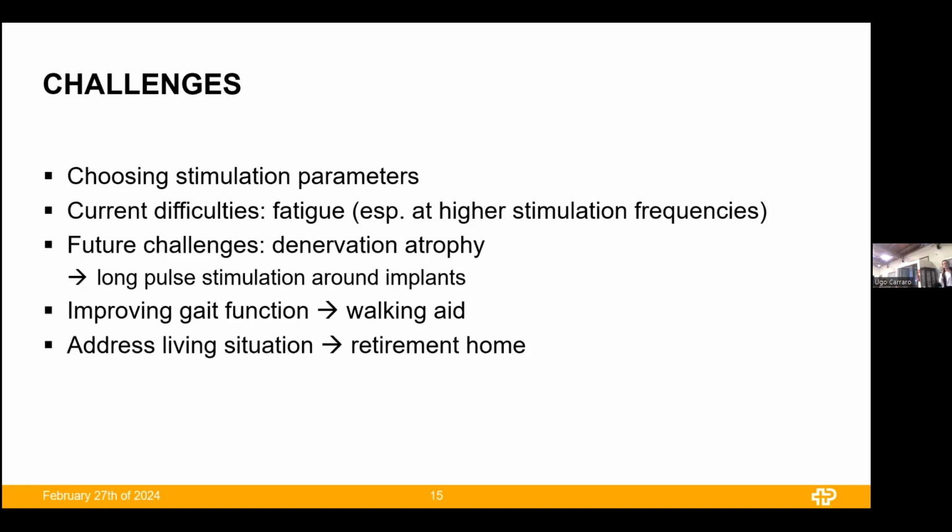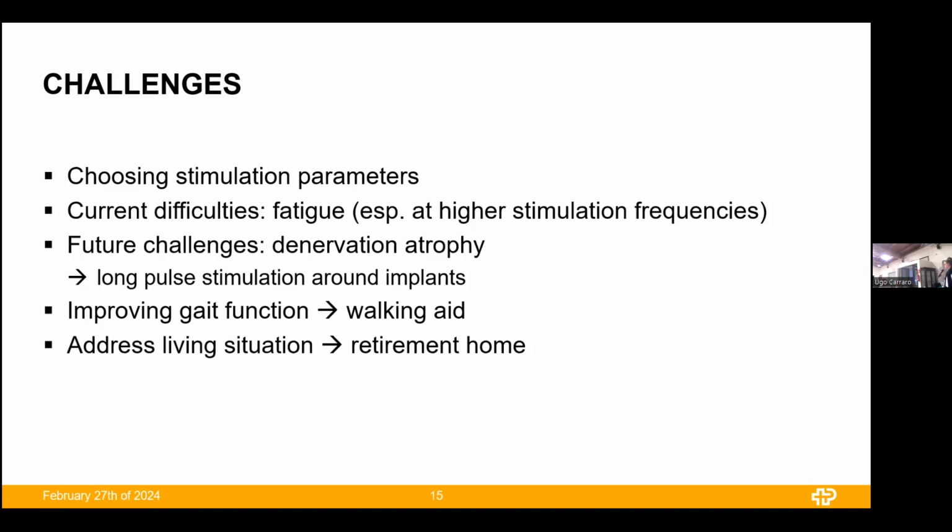The future challenges she might have is the denervation atrophy, if not already present at this age. So we need to think about a way to stimulate her denervated muscle, especially with the implants, which might interfere with the stimulation. And we need to talk about future possibilities regarding maintaining her gait function.